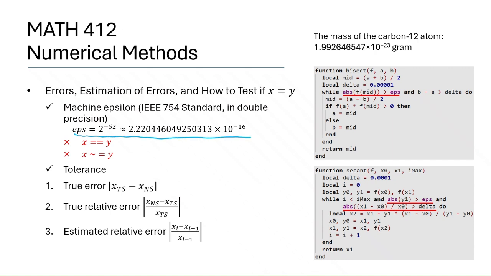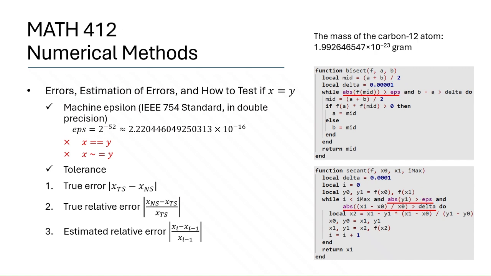Such a number is called machine epsilon. MATLAB, Lua, and Mathly also each provide such a constant. You can directly use it in your code: machine epsilon, eps.